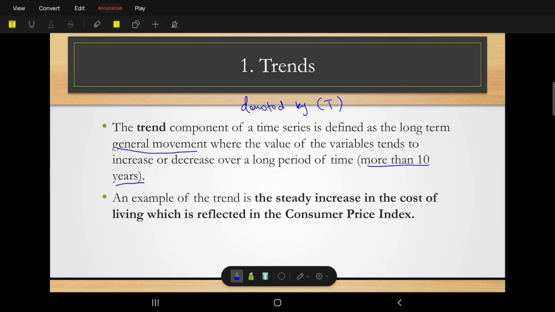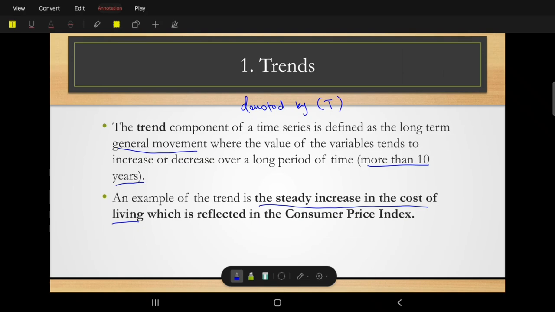Kalau kita nak compare cost of living from this year and last year, kita tak nampak perubahan dia, sebab movement tu berlaku sikit-sikit saja. But when we compare this year and the past 10 years or 20 years, then you can see the cost of living increases.